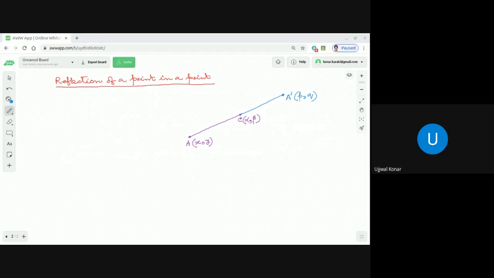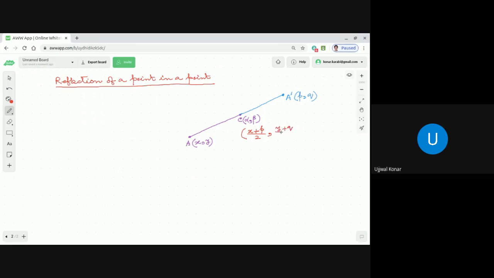Then quite obviously, C is the midpoint of A A dash. Correct or not? As C is the midpoint of A A dash, what can we write? We can write the coordinate of the point C is alpha, beta, and in another way, we can write it as x plus p by 2, comma y plus q by 2.